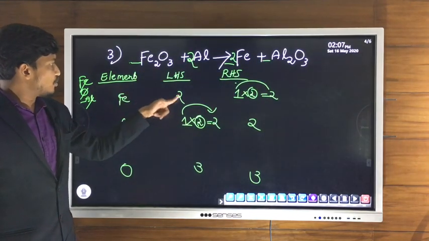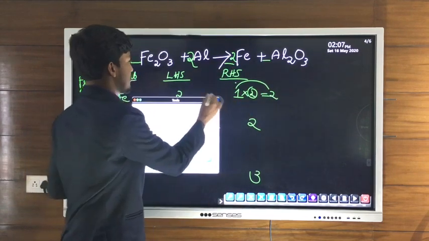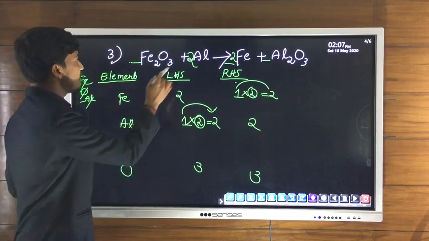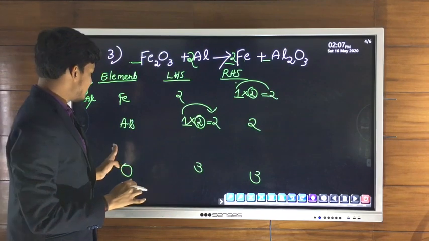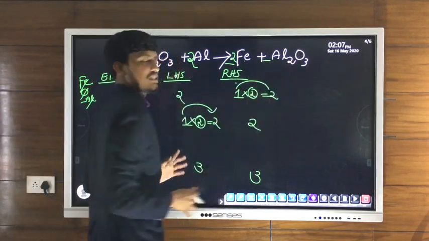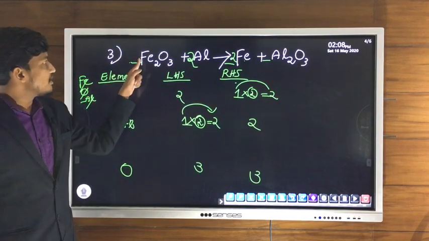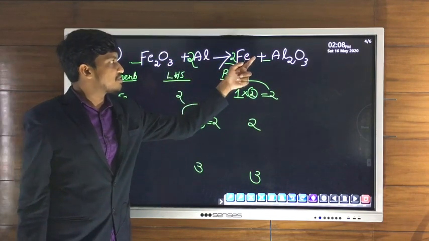Fe 2 on the LHS, RHS 2 into 1, 2. Fe 2, 2 into 1, 2, equal. 2 Fe atoms. Al 2 into 1, 2, Al2, 2 aluminium atoms, equal. Oxygen O3, right side O3, 3 oxygen atoms. So equalized. So the balanced equation is Fe2O3 plus 2Al gives 2Fe plus Al2O3.